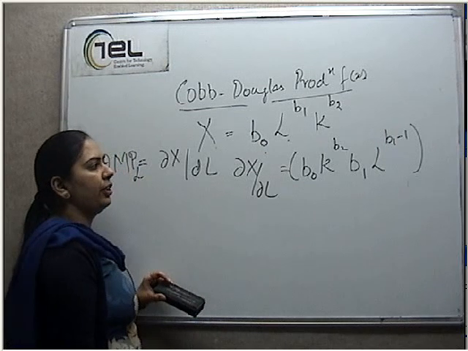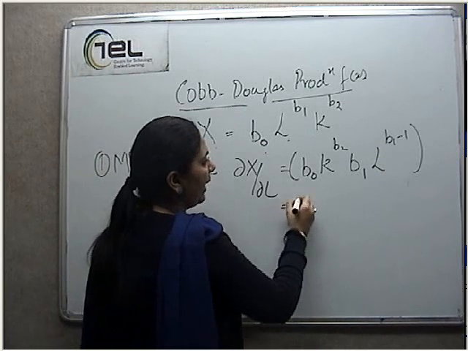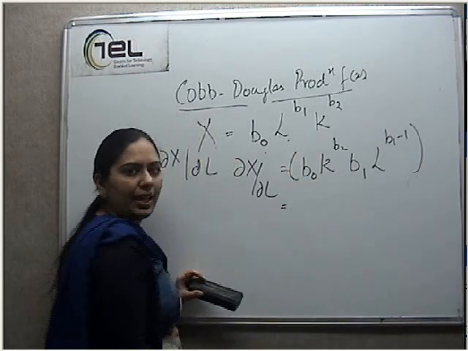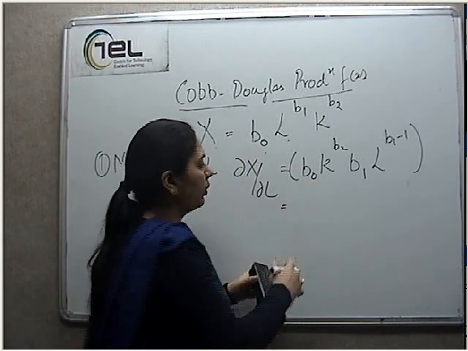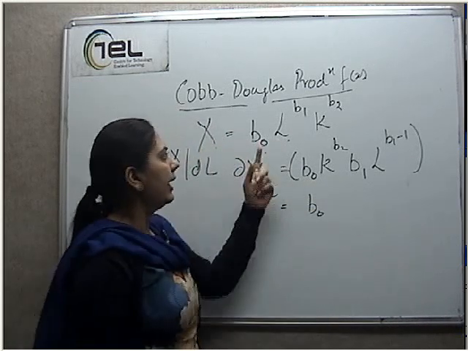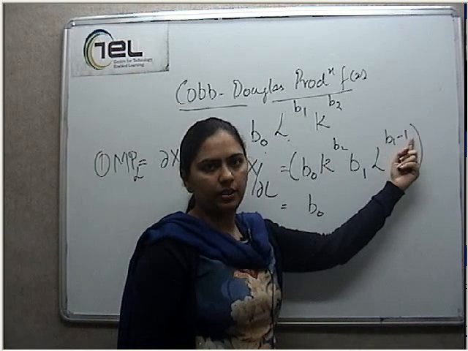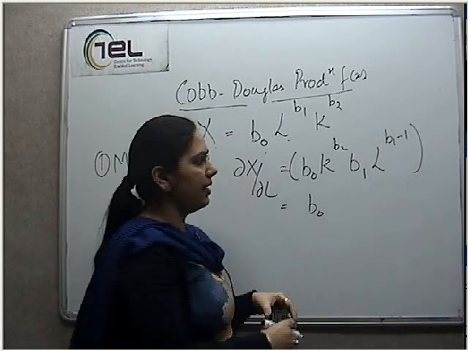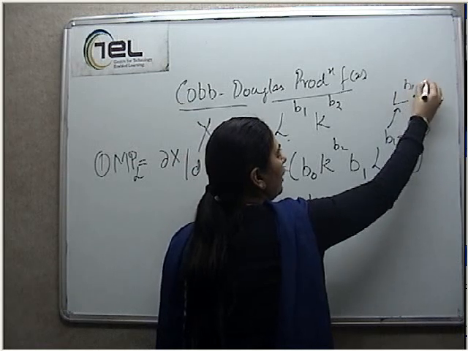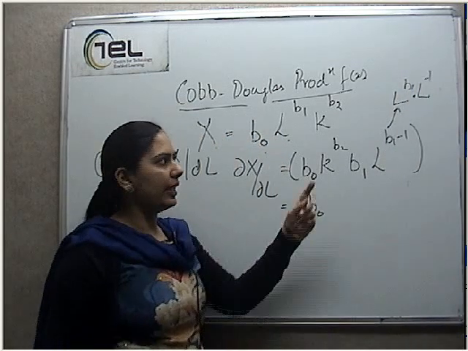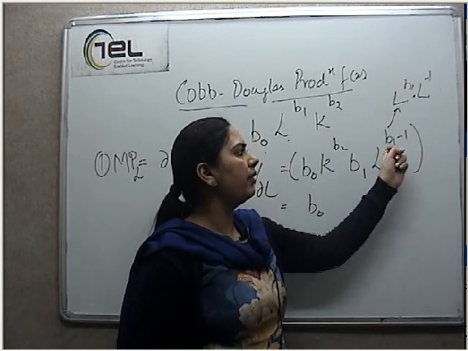Now write this whole thing in terms of x. I have B naught first, then L to the power B1 minus 1. The same thing can be written as L to the power B1 into L to the power minus 1, because in multiplication the powers are added. So this is nothing but L to the power B1 minus 1.